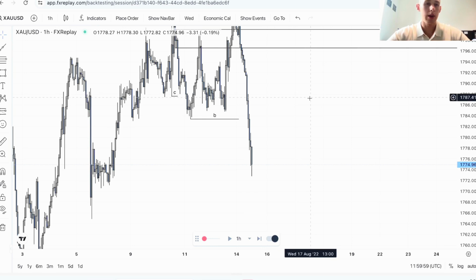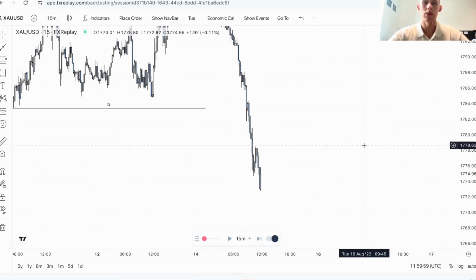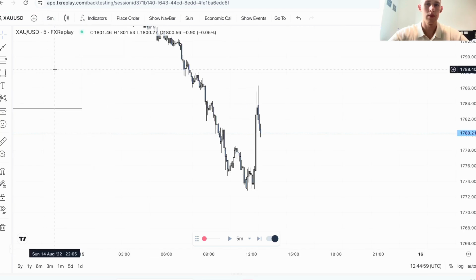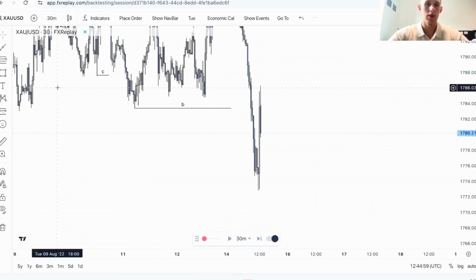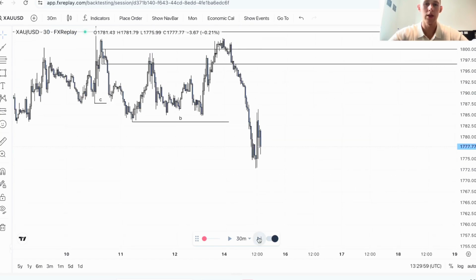Cool, so let's look for potential re-entries on the sells. It probably is just going to go from there.